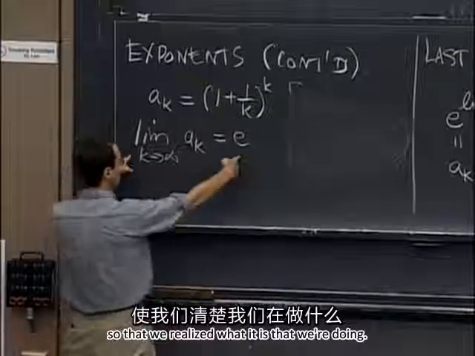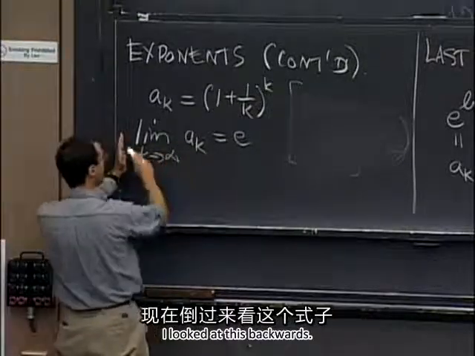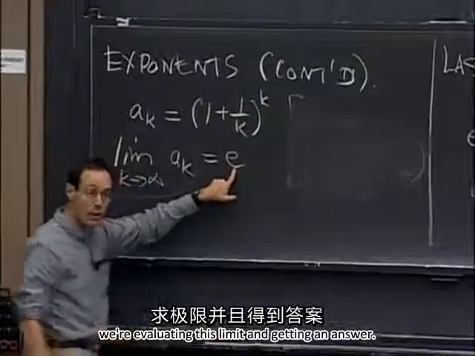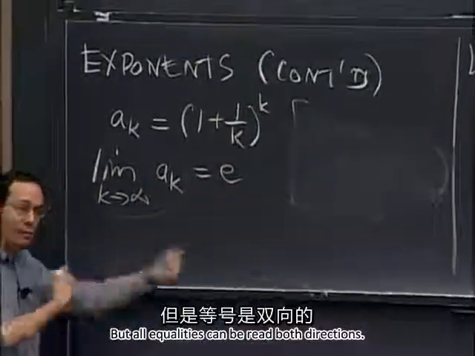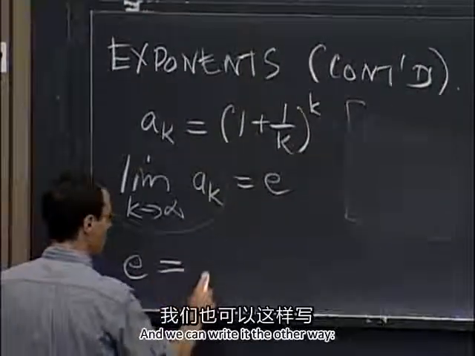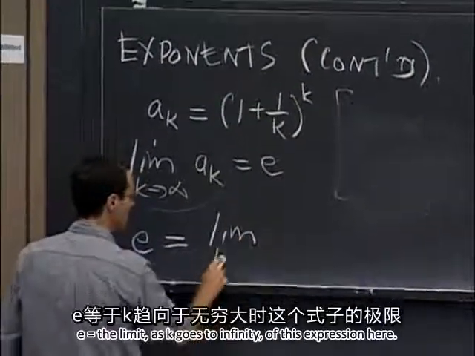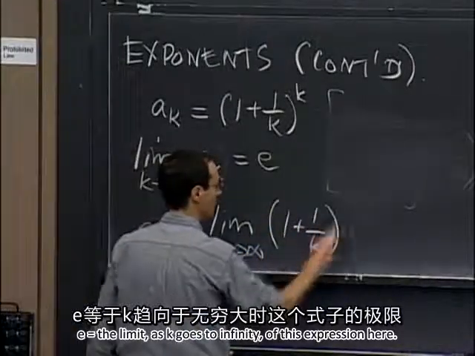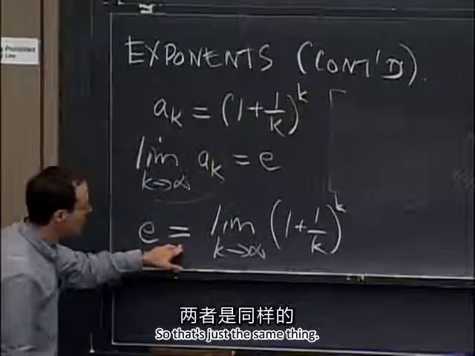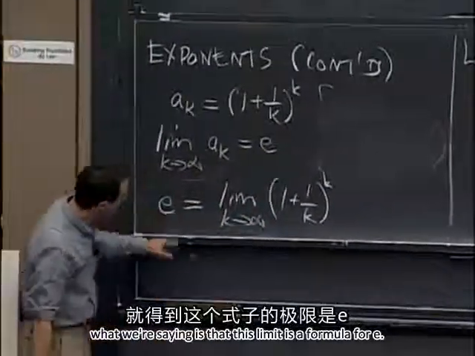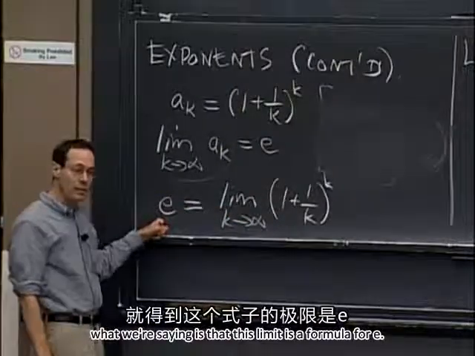I just reversed it; I looked at this backwards. One way you can think of this is we're evaluating this limit and getting an answer. But all equalities can be read both directions. And we can write it the other way. e equals the limit as k goes to infinity of this expression here. So that's just the same thing. And if we read it backwards, what we're saying is that this limit is a formula for e.